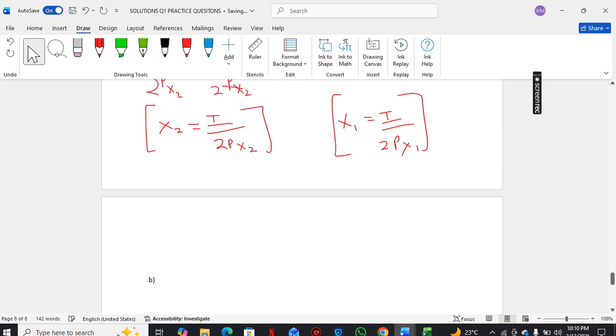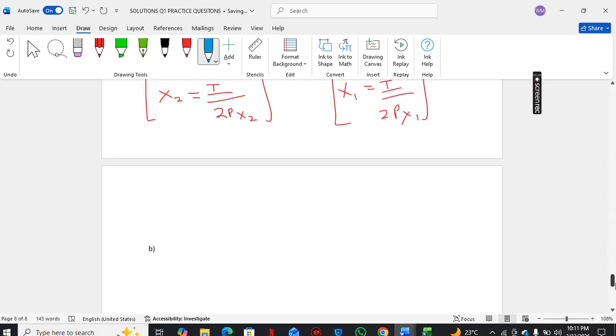Okay, that these decrease with price and increase with income. So here, in the first example that I showed, I illustrated it with numbers. Here, I'll just show you the relationships so that you know what to say. If you look at this expression here, x2 equals I over 2px2.